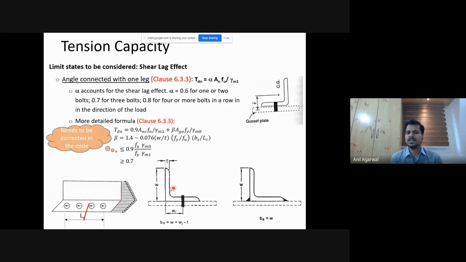But if your T is more and W is less, whatever stresses are getting transferred will be carried very easily by this leg. So there will be higher stress concentration in this area if your T is more, but if your W is more, then there will be a lot of length of this angle which is not carrying any stress. As a result, your shear lag effect will be more. And that's why you have this W by T factor. I hope I answered your question.